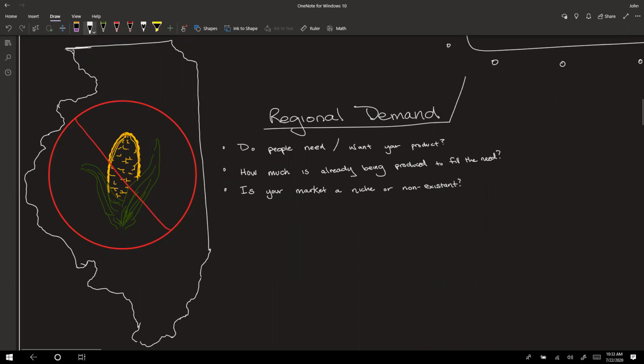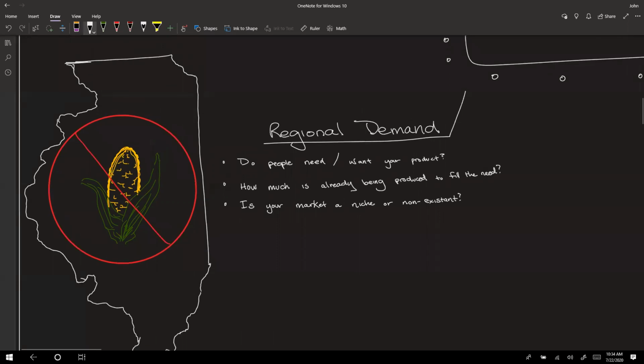So is your market a niche or non-existent? In that example that I gave, maybe there is a demand for a leather shoe that's sourced from India and people just haven't realized that yet, but most likely it's a non-existent market. People don't care enough about the leather shoe coming from a certain region. They just want a shoe, right?